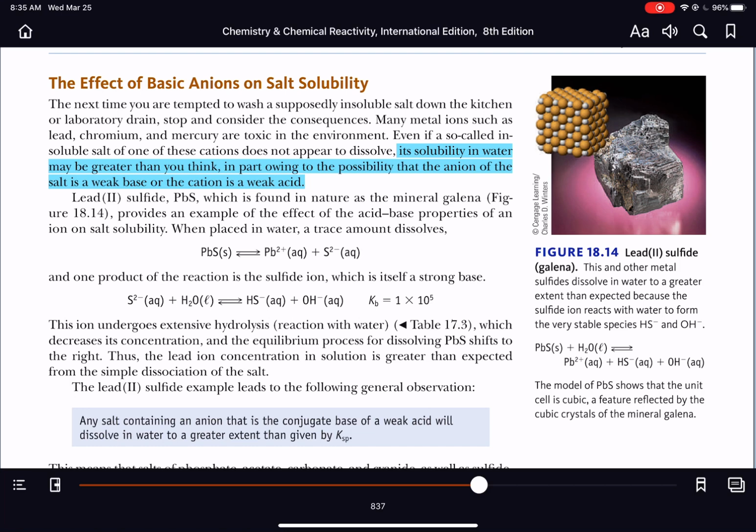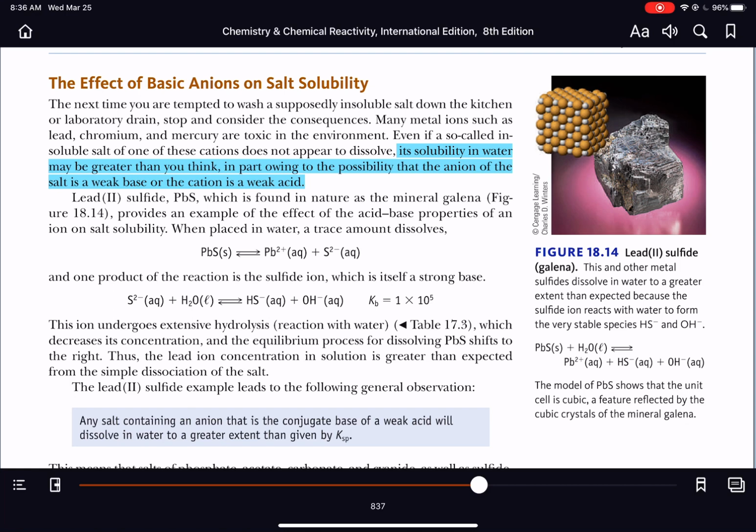It's going to be an anion that, when it hydrolyzes, produces a basic solution, produces hydroxides, if you want to think about the Arrhenius definition, or receives a proton, if you want to use the Bronsted-Lowry definition. And salt solubility is simply meaning how soluble is that salt. Can we make an insoluble salt, at least in water, become more soluble?